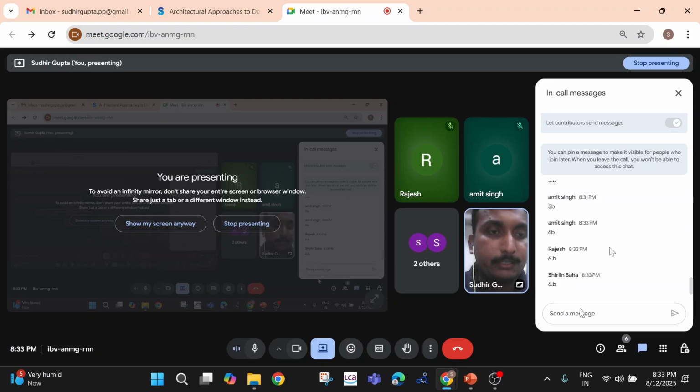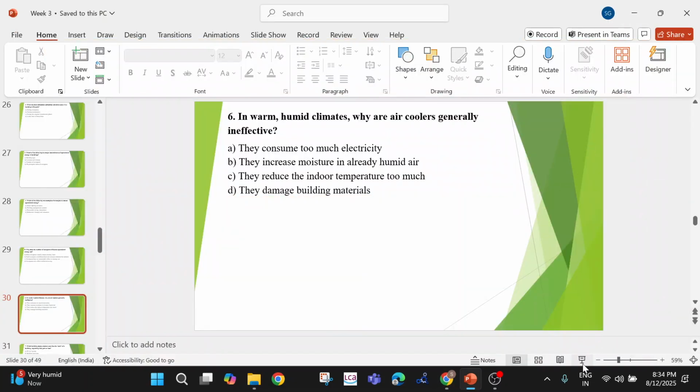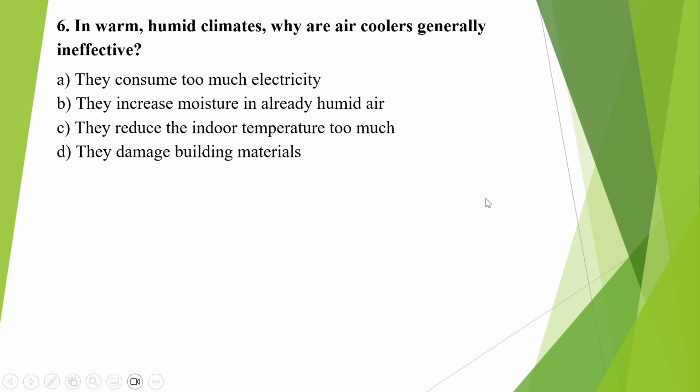As I can see, Rajesh and Amit were the first to grasp the question and answered B, and all of you have answered B. B is the correct answer for question number 6. Whenever there are desert coolers or air coolers in a warm and humid climate, then for human comfort, both temperature and humidity become very, very important.